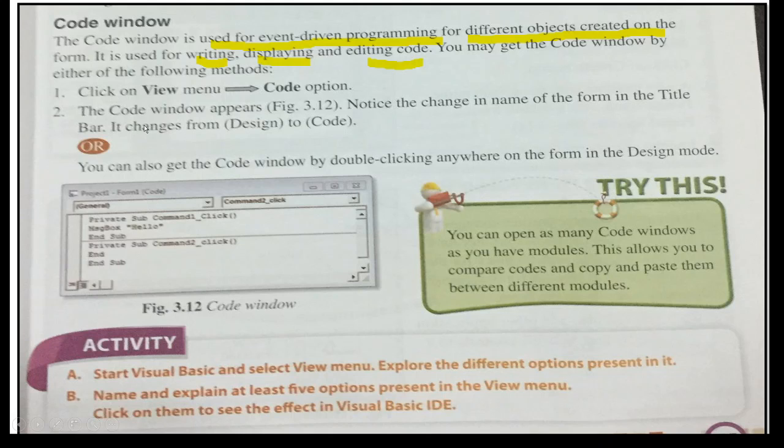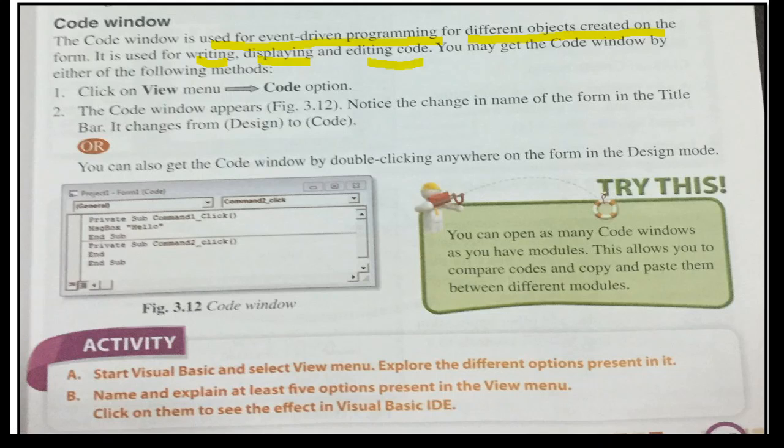Code window. The code window is used for event-driven programming for different objects created on the form. So here you can see a code window. Here you can enter your code. Let's say in this example, once you click a command button, an event will happen.